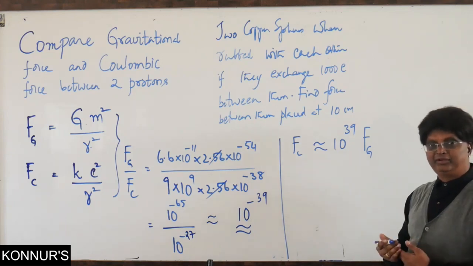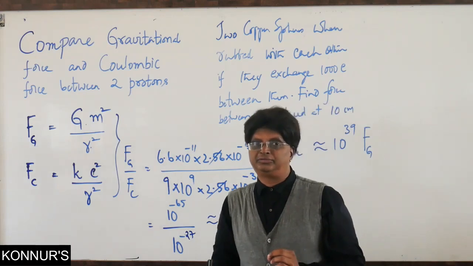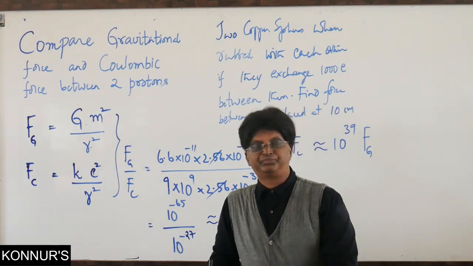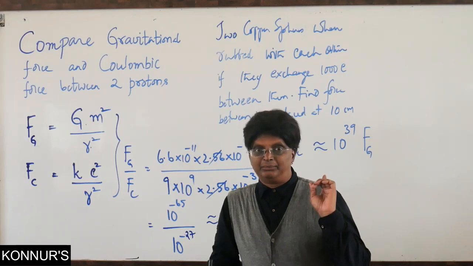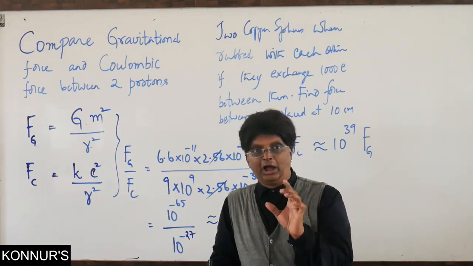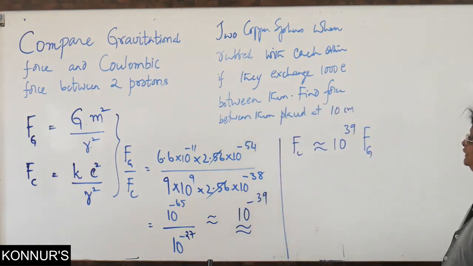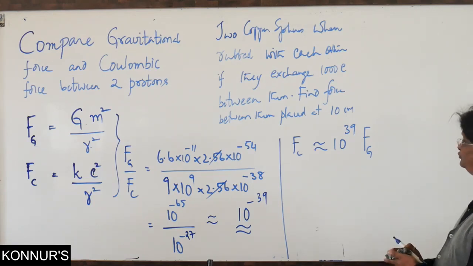Those many times, and that is why I said gravitational force is the weakest force and Coulombic force is a strong force in nature. These numbers now give that meaning, how strong it is over the gravitational force.